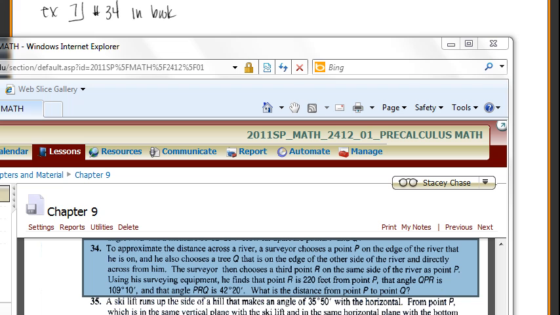Alright, you've got P, Q is directly opposite, and then you've got R on your side, and R is 220 feet from P. Let's draw ourselves a picture.